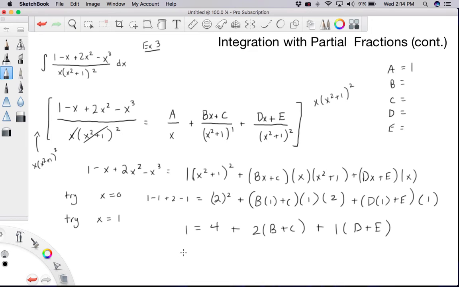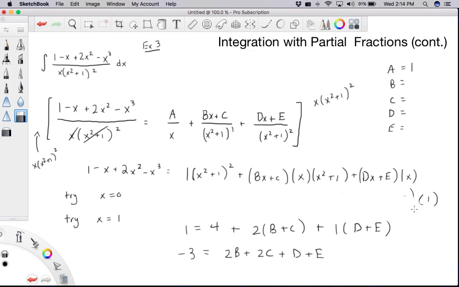Now if we subtract 4, you get negative 3 equals 2b plus 2c plus d plus e. Okay. So we were unable to eliminate any of our variables by plugging in x equals 1. That's pretty much what I expected, and that's okay.